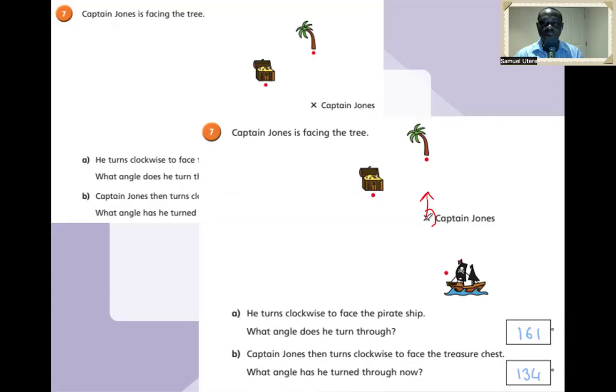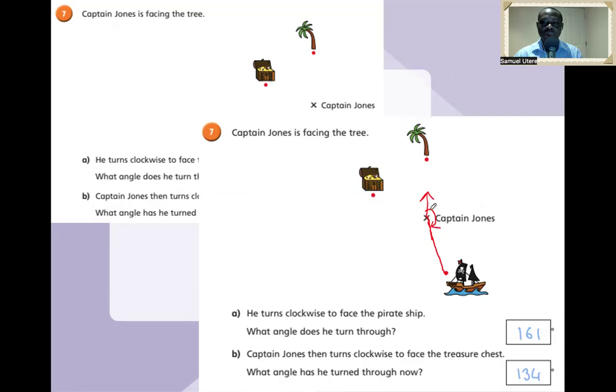Before you draw that angle, you take a ruler and join a very straight line from the point where Captain Jones is to the pirate ship. Once you've done that, you use your protractor to measure the angle I have just drawn here.